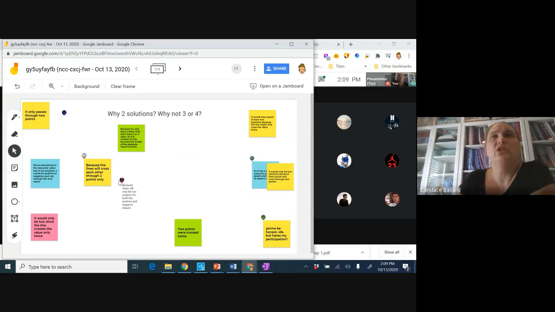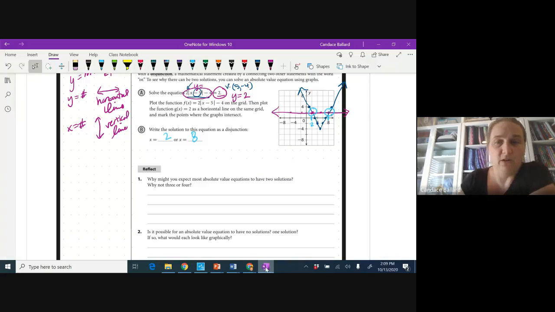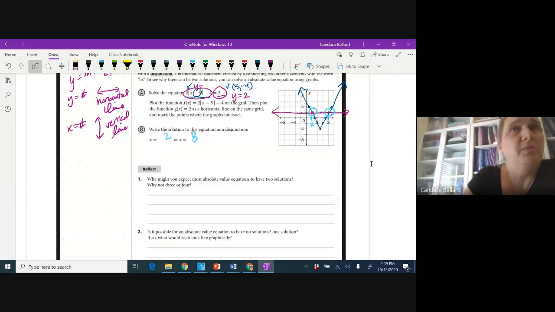So the other question is, is there a way for it to be other than 2 solutions? Obviously we can get 2 solutions. I'm going to go back to our picture here. We would expect 2 solutions because we know that the V is going to cross twice if I draw a horizontal line there.